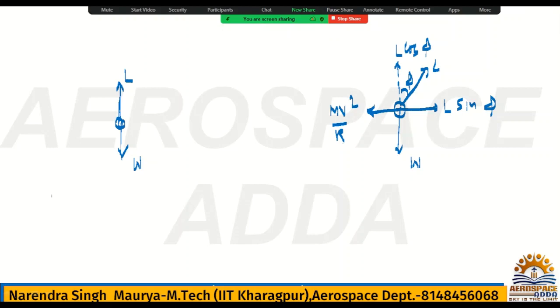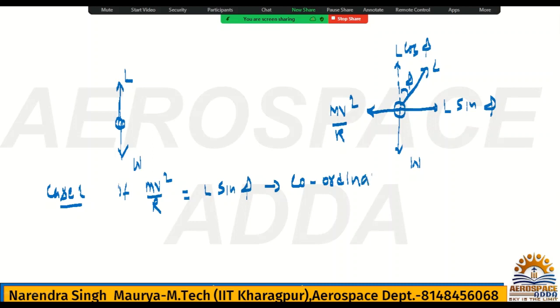Now case 1. If mv square by r is equal to L sin phi, then this is called coordinated turn.